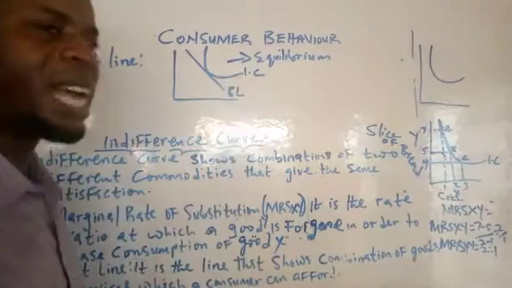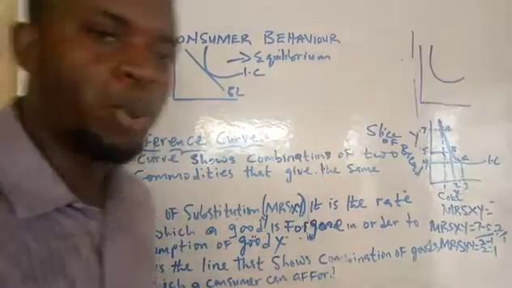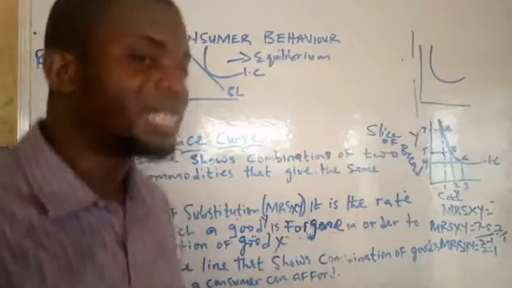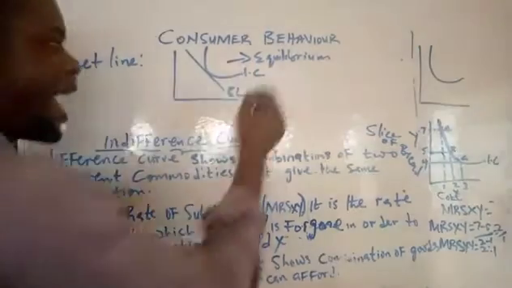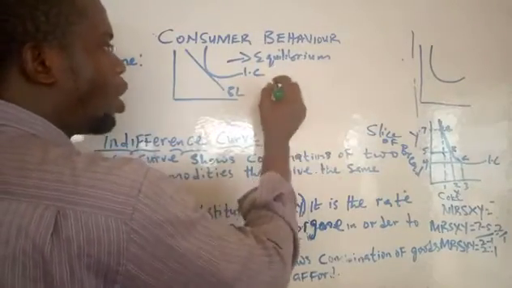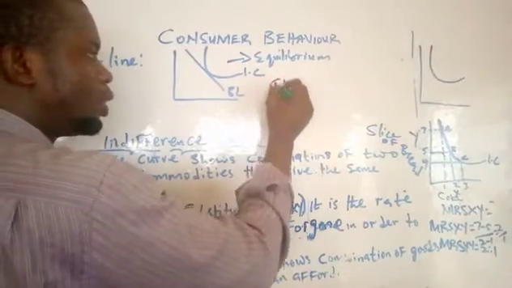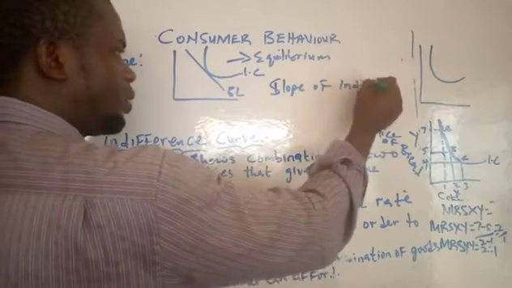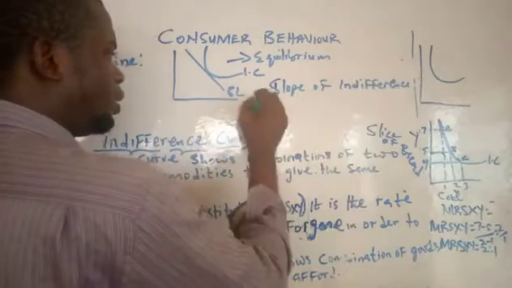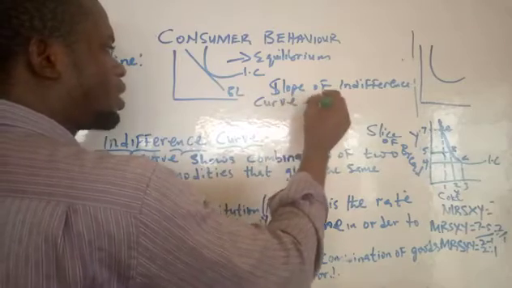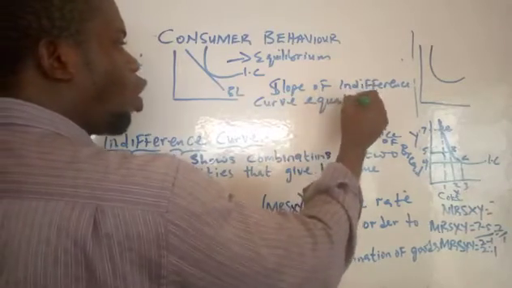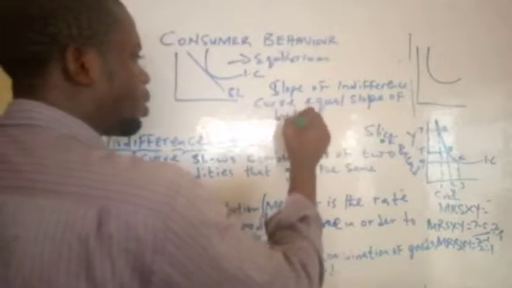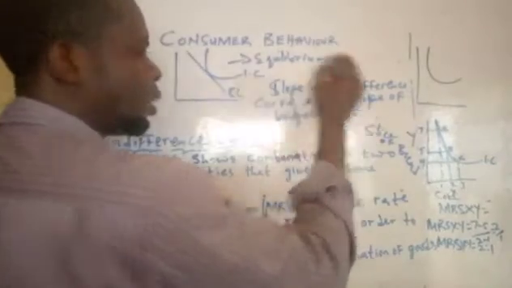And sometimes they can ask you, how are you going to know the equilibrium point? It's where the indifference curve is tangential to the budget line, or where the slope of indifference curve equals slope of budget line.